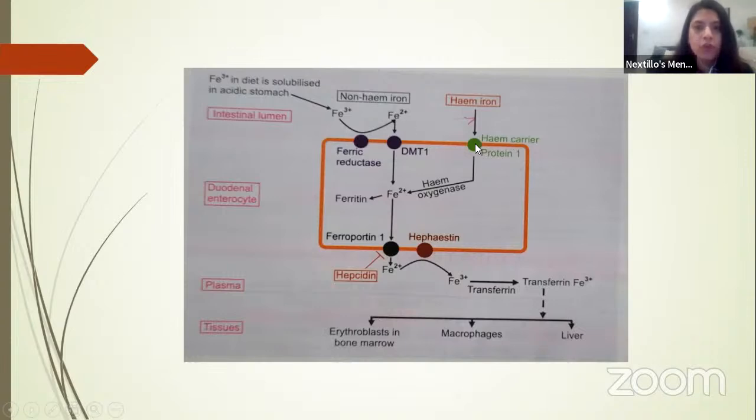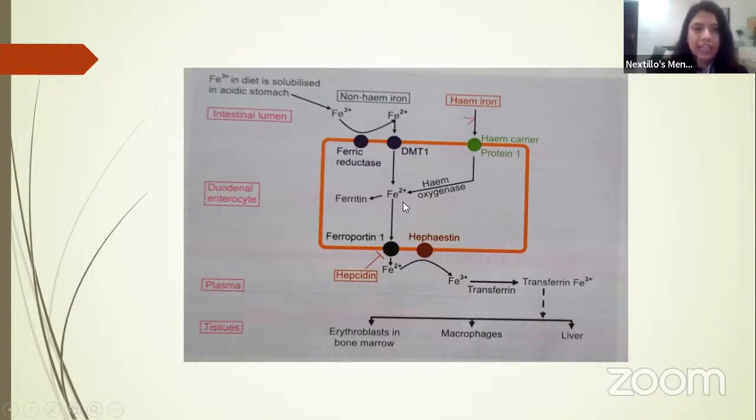Now this ferrous form will go inside the lining cell via a channel called DMT1, divalent metal transporter 1. When this ferrous iron comes inside, it can either be transformed to ferritin. What is ferritin? Ferritin is the storage form of iron.